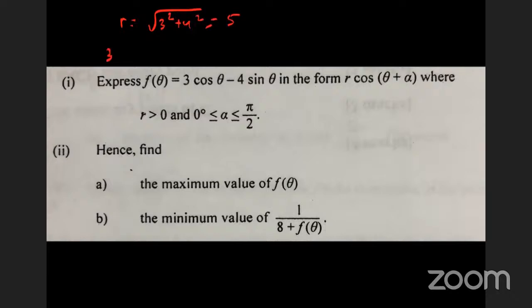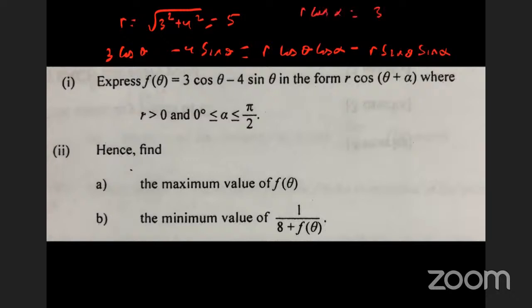When you compare 3 cos theta minus 4 sine theta to r cos theta cos alpha, you'll end up with r cos alpha being equal to 3.